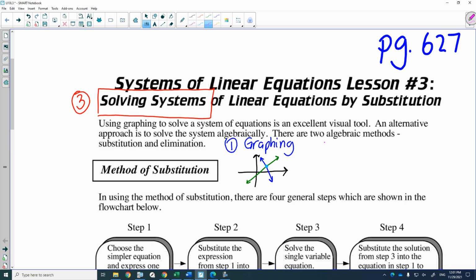The second method is what we're going to do today, and it's a method called substitution. And then the third method is what we will do tomorrow, and it's a method called elimination.